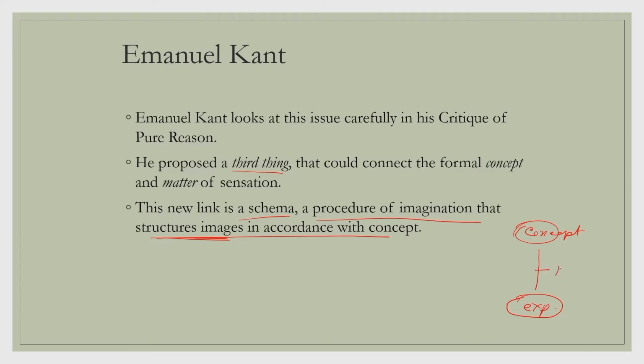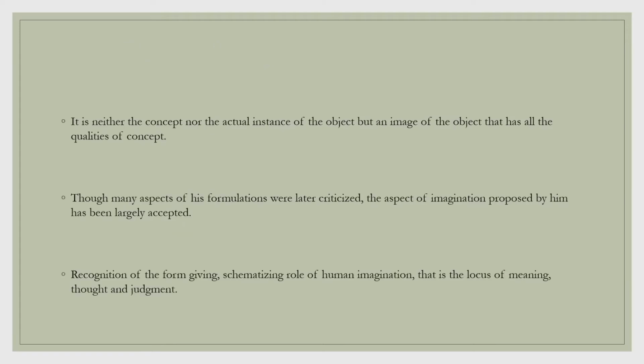Here, imagination plays a very important role in taking out the fundamental parts of that particular experience, and creates a kind of picture that is in accordance with the concept, even though it does not have the fleshed-out look of the concept. This is roughly what he talks about. So, it is neither the concept itself nor the actual instance. Take, for example, the concept of a dog.